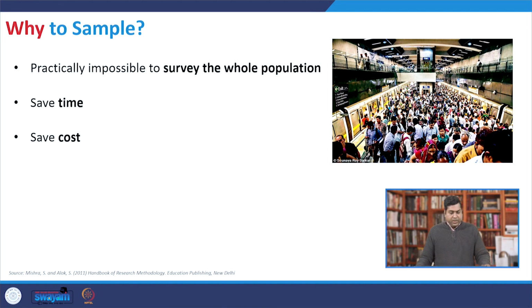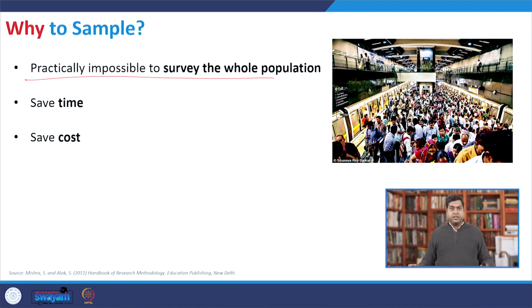Now, why sample? Definitely, it is practically impossible to survey the whole population. Say the metro population is 50 lakhs. If I want to do a study on the entire country's population, it is in crores. So probably it will be impractical from a research point of view. For such cases, if you want to tap each and everybody, we normally do it through a census, and that is a huge event.